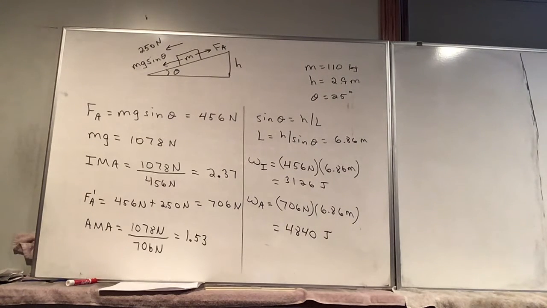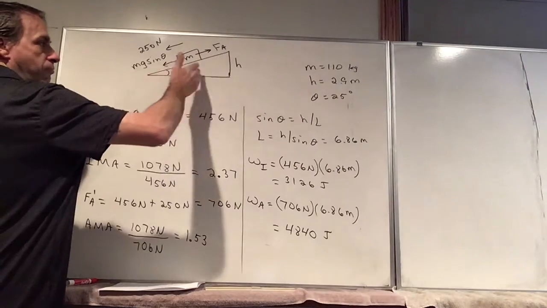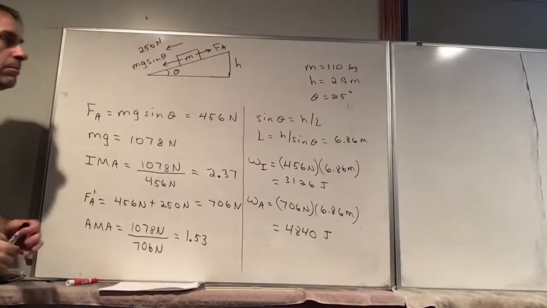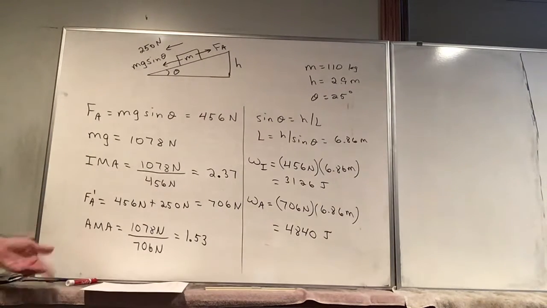Now, if you wanted to calculate the work in the ideal case, we could just do mgh. It'd be the same as just lifting the object directly. So actually, using a machine actually takes more work.